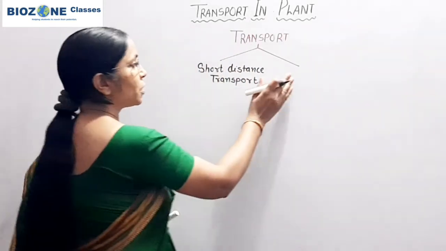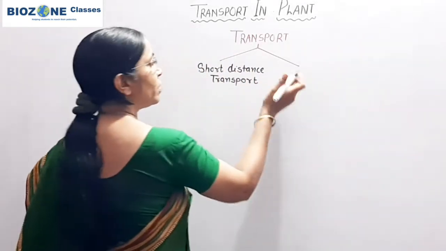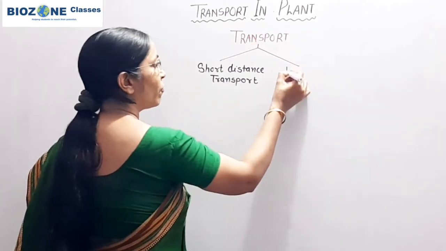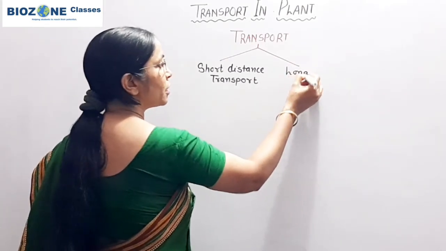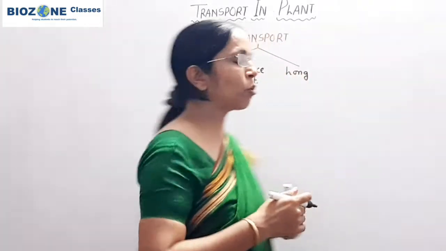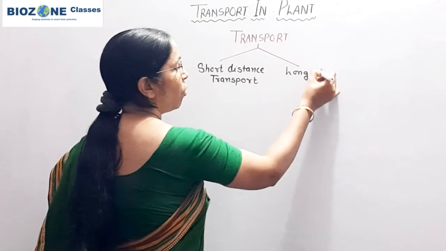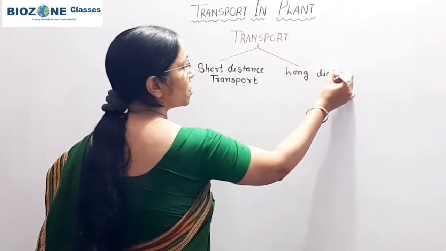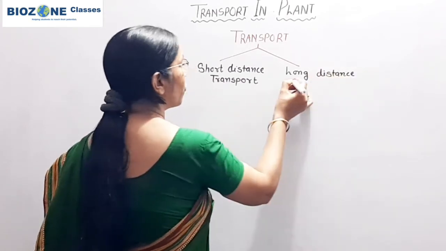So we study short distance transport, as well as the second type of transport, that takes place between root and shoot, which is commonly called long distance transport.